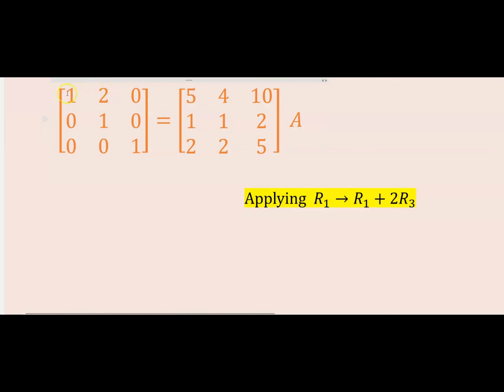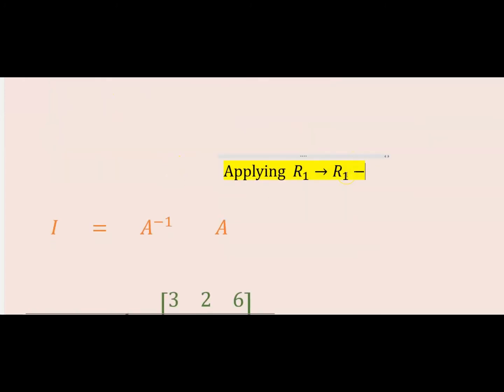If we apply the operation with the third row, there is 0, so there is no change in the first row, right? So we need to apply the operation on the first row with the second row. So this will be R1 minus 2R2.